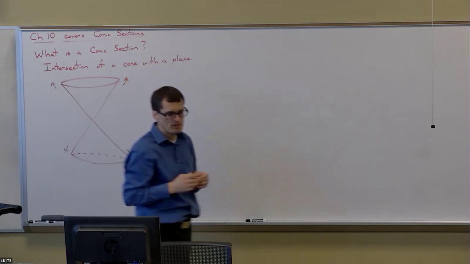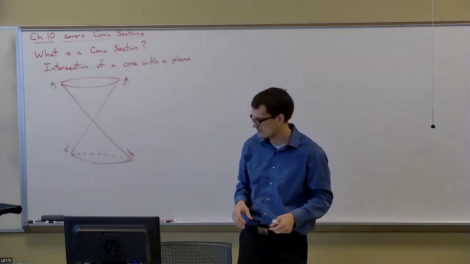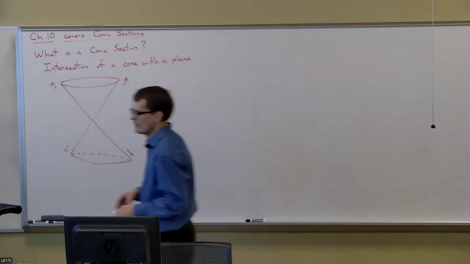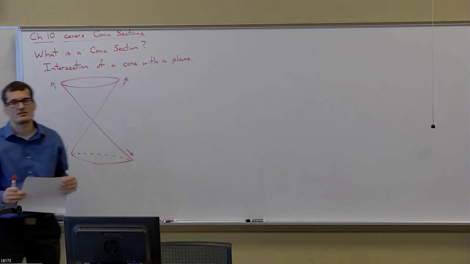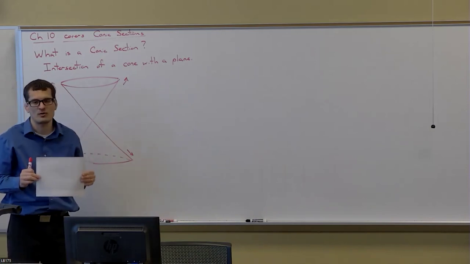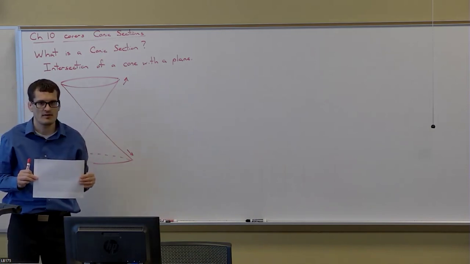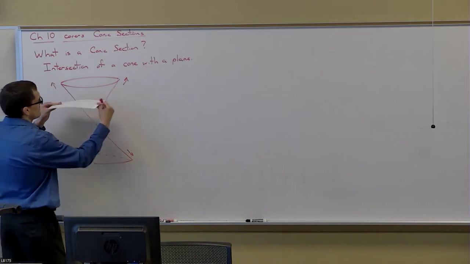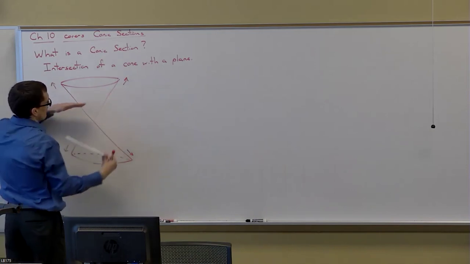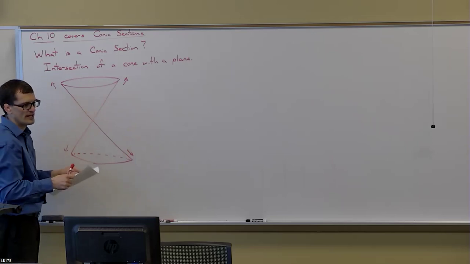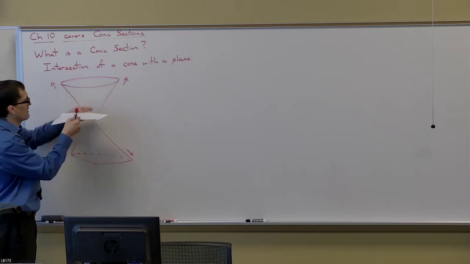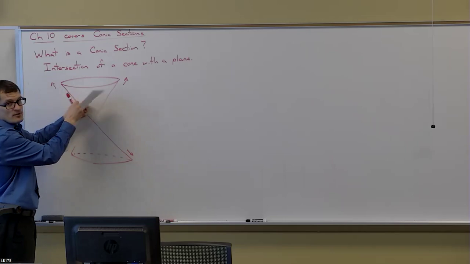And we're going to take a plane and intersect that. By plane, I mean a standard Cartesian coordinate XY axis. And I'm going to slice this. This is not a very good plane because it's flimsy, but I'm going to slice this in some direction.